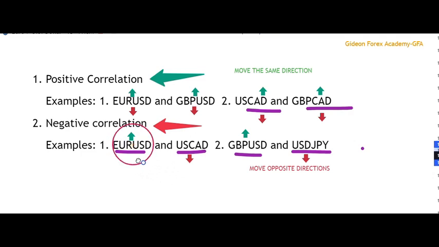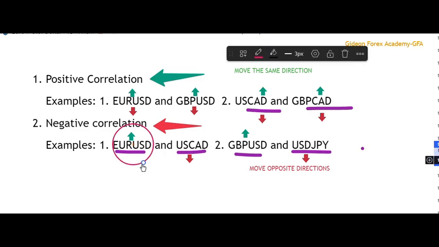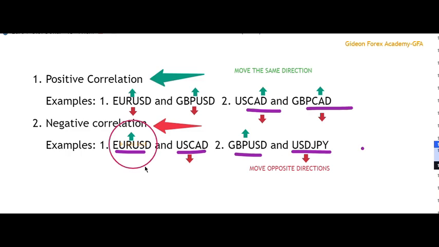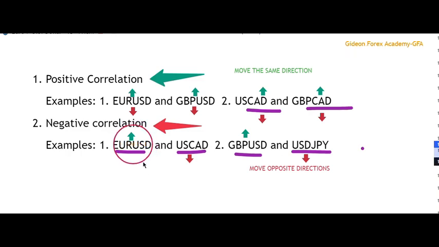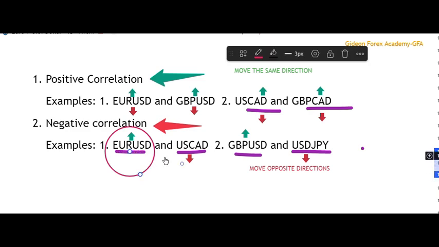Just like in the positive correlation, you have to avoid opening positions in negative correlating pairs too, in the opposite direction.